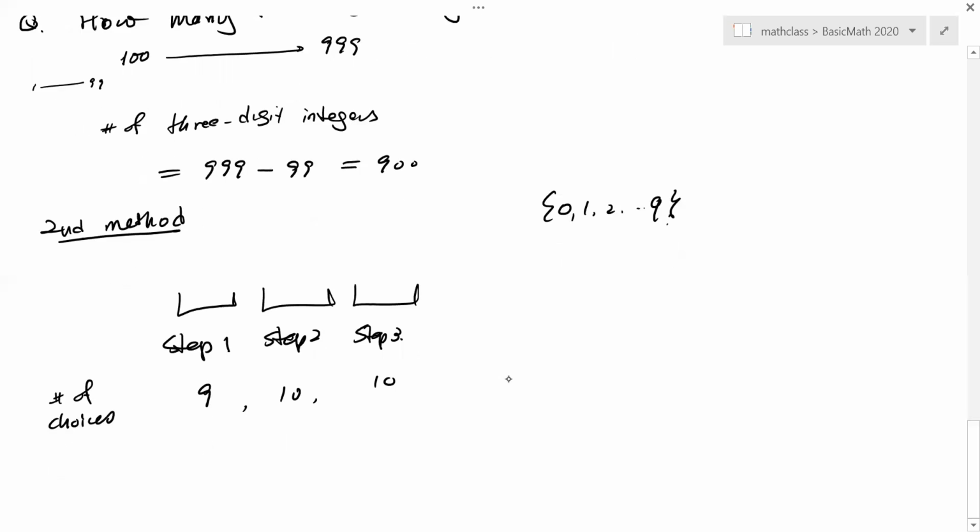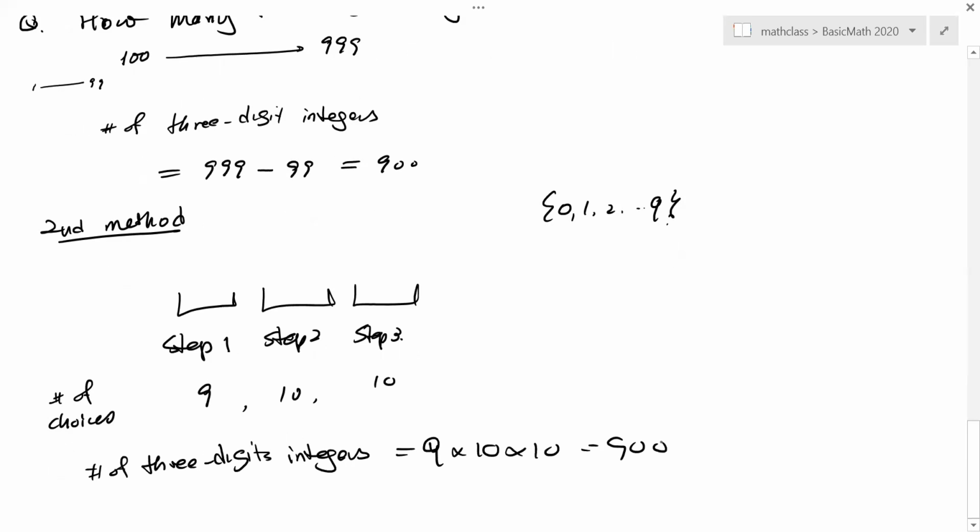Okay. So now the total number of 3-digit integers is going to be 9 times 10 times 10, which is also 900.